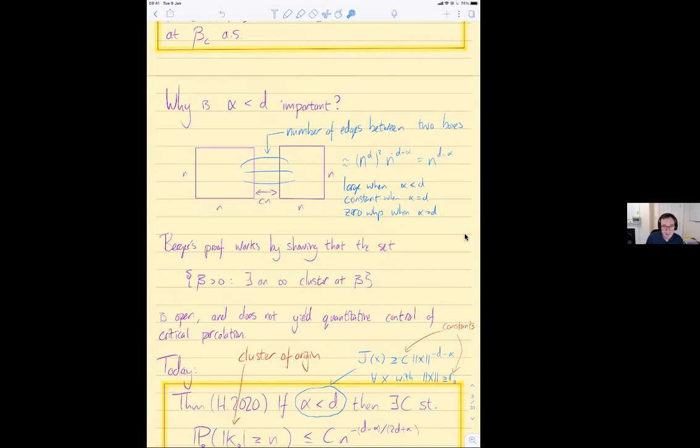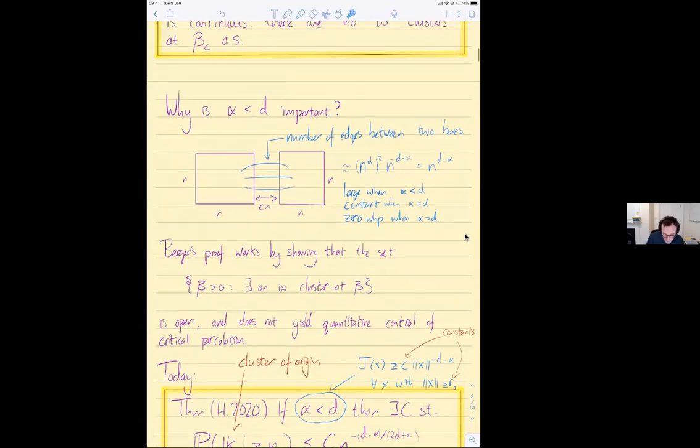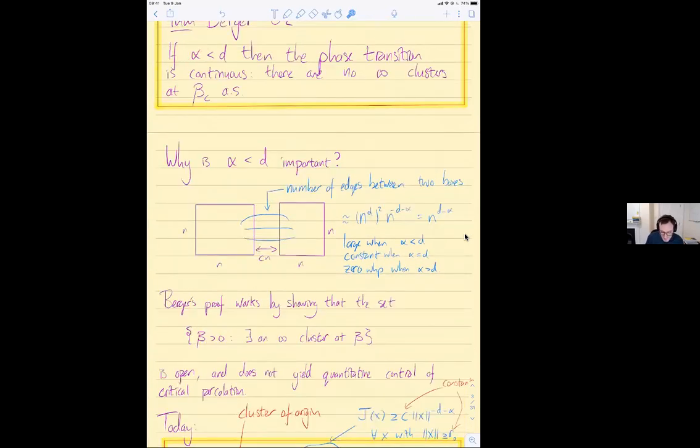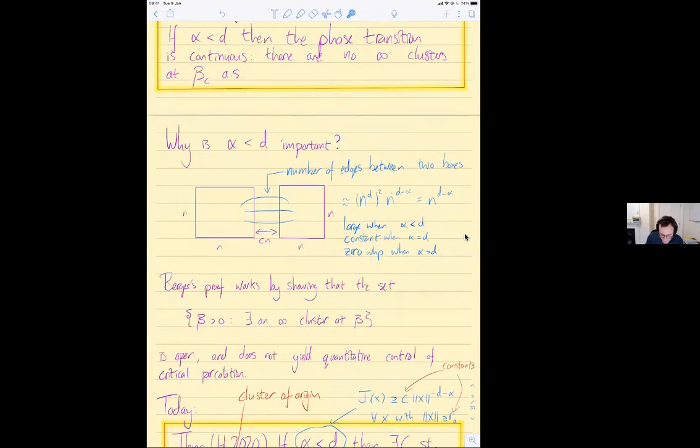So just to give you some brief indication of why this condition alpha strictly less than D might be important. It has a nice geometric characterization, which is that suppose you take two n by n, or side length n, boxes that are macroscopically separated, so they have distance of order n as well.